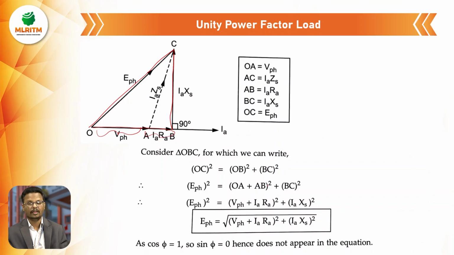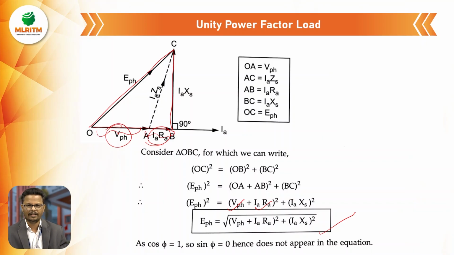OA value is V phase, AB value is IaRa, and BC is IaXs. So E phase is the square root of (V phase plus IaRa) whole square plus (IaXs) square. This is for the unity power factor.